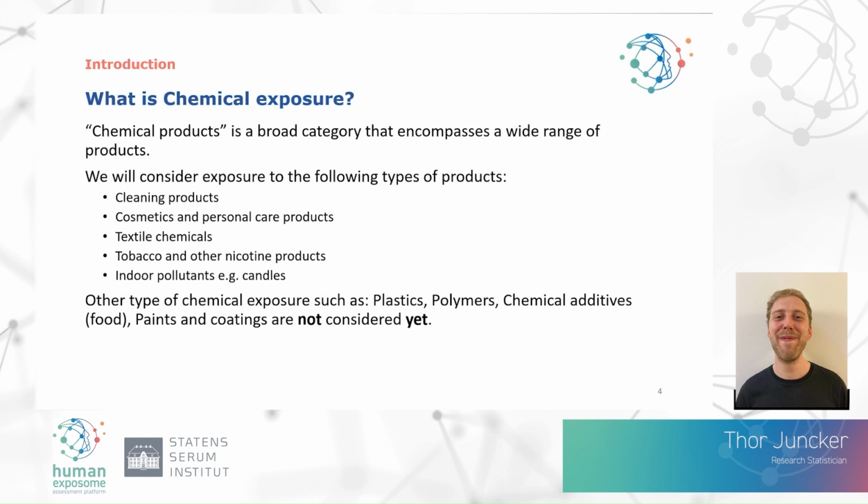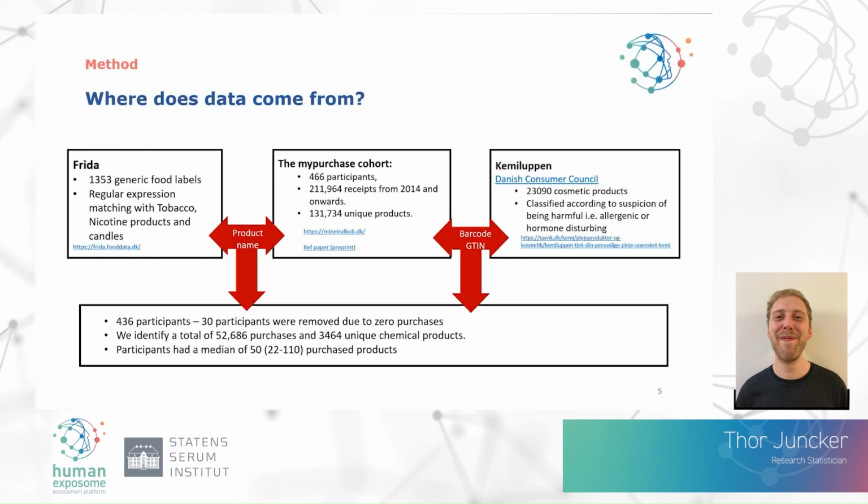There obviously exist other types of chemical exposures, such as plastic, polymers, chemical additives in food, and paints and coatings, but those are not considered in our project as of yet, but maybe in the future.